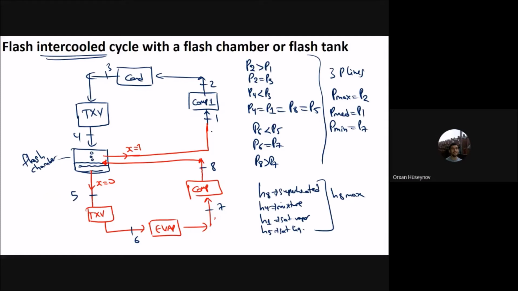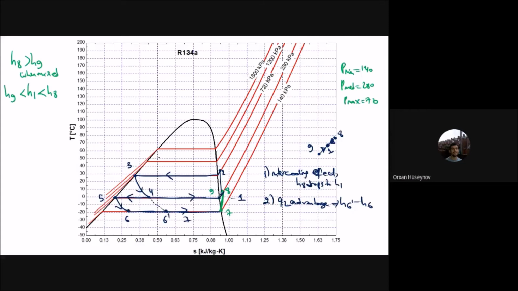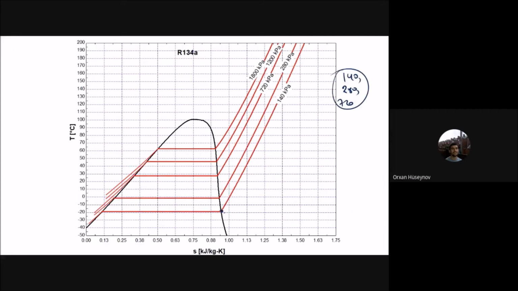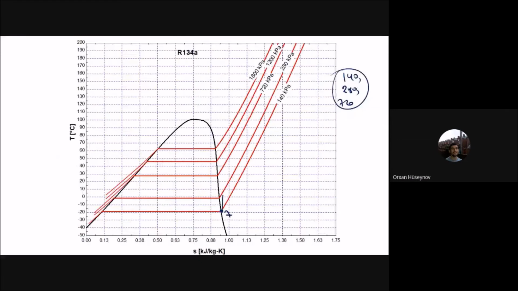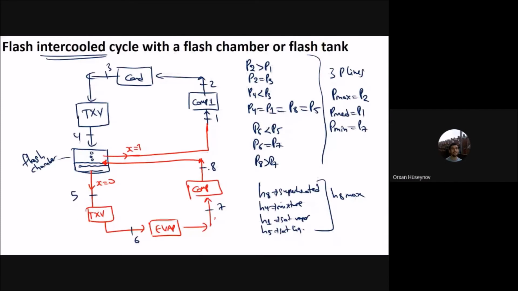So let's draw it and show it on the TS diagram here. I will just start from point 7. Point 7 is compressing to point 8, in that direction, and 8 is mixed with 4, and then you will have the 2 stages here, and you will have the 5.